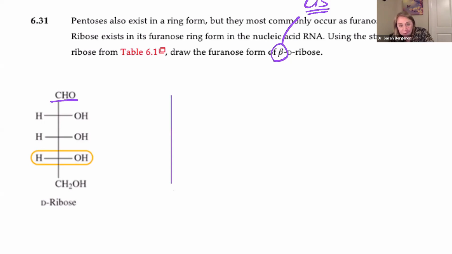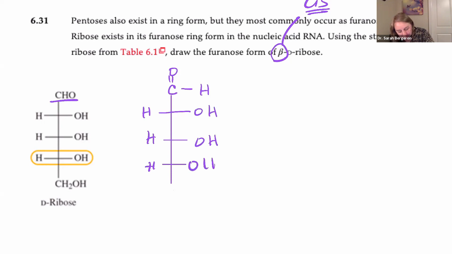So what that really means is you have a carbon bound to a hydrogen, double bound to an oxygen. Then let's draw in the rest of the molecule. This will not be their perfect picture, but that's okay. I think it'll make a little bit more sense. Then you have CH2OH.